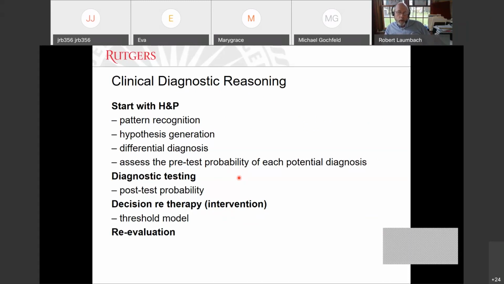And then in terms of rational clinical diagnosis, we at least intuitively, if not quantitatively, assess the pretest probability of each potential diagnosis. And then we do diagnostic testing, which can help us to refine our likelihood or our certainty about a diagnosis in terms of the post-test probability. And then we may try a therapy, and then we also would reevaluate afterwards.